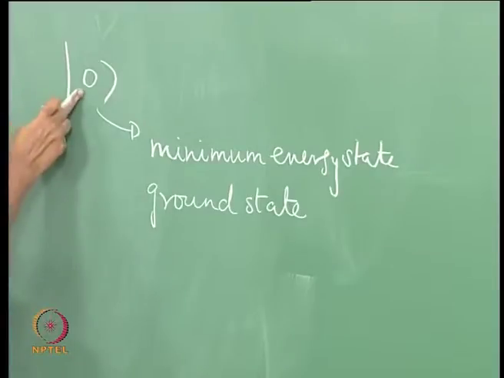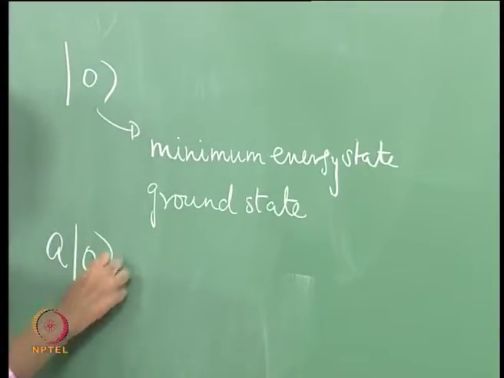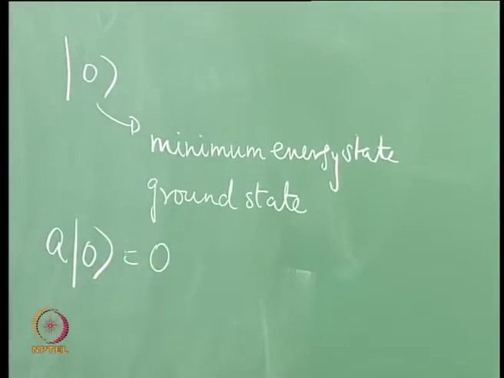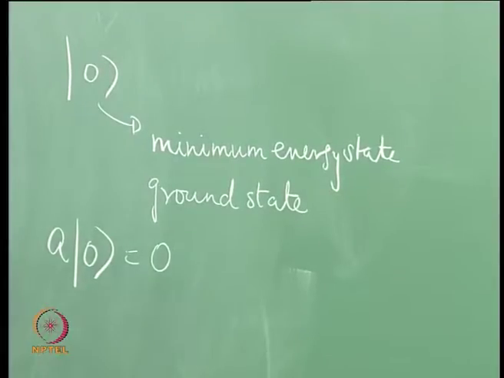This is simply a label. So n is equal to 0 denotes the lowest energy state. So we get to this lowest energy state such that when I act with A on that state, it should simply give me 0. It cannot take it to another state which has an energy which is negative. And therefore, the ground state is a state with positive energy or definitely non-negative energy, and when A acts on the ground state, it cannot take it to any other state which has got negative energy.